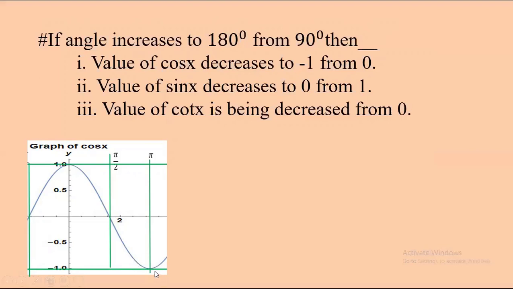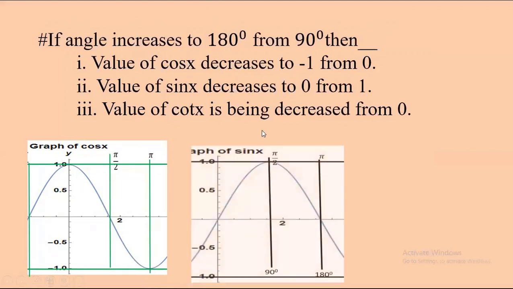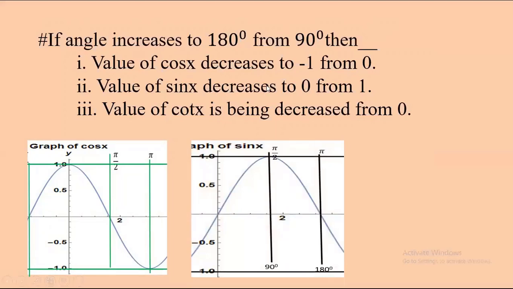Yes, it is correct. Then the value of sin x decreases to 0 from 1. See the figure? Decreases to 0 from 1, when 90 to 180. So this is 90, this is 180. For 90, what do we get?